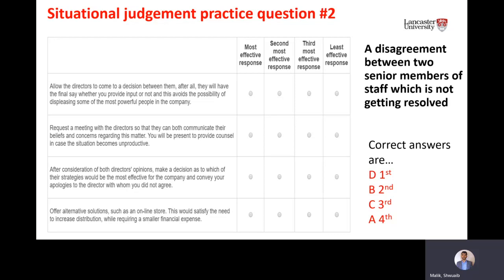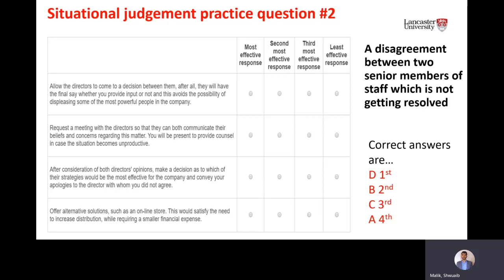was they were disagreeing on 2 different topics, and this solution of an online store will surely, if we're thinking about outcomes, make both of those senior members happy, in terms of satisfying both of their requests and opinions.